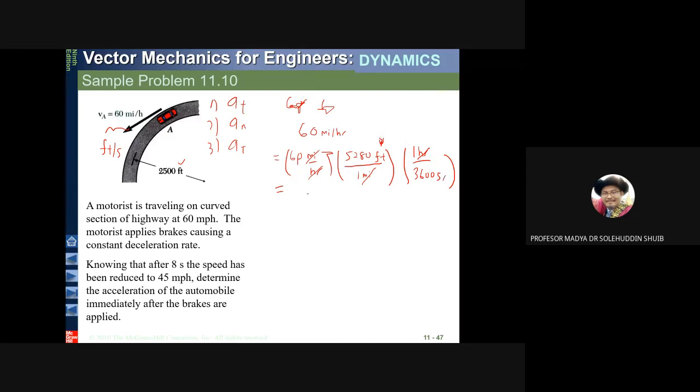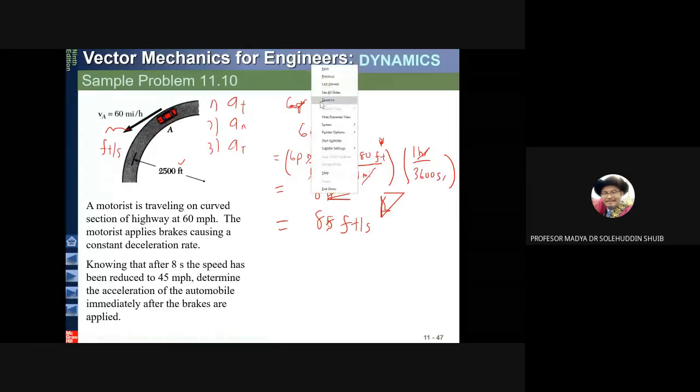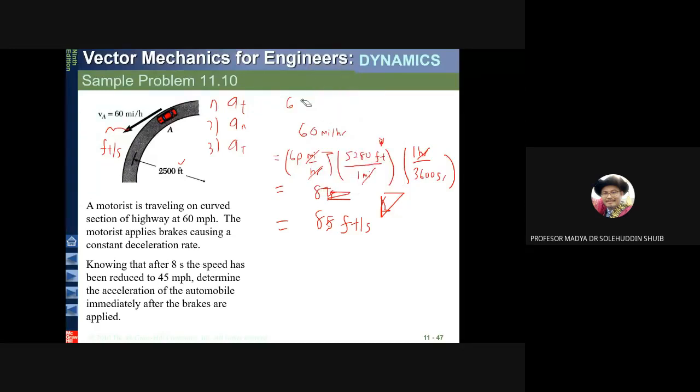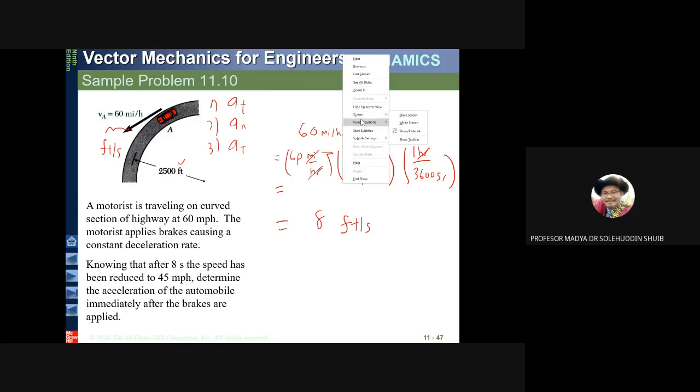You multiply 60 times 5280 divided by 3,600, so you get 88 feet per second. This is how we do the conversion.